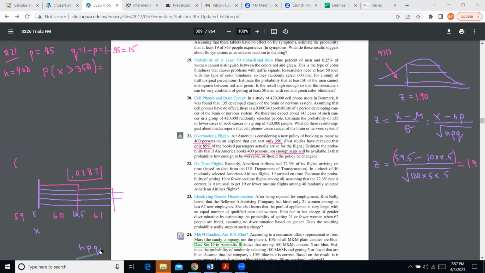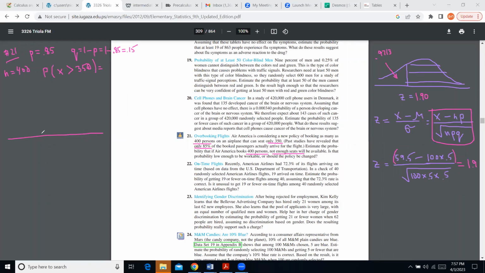So please notice that in this exercise, they don't give us the mean and standard deviation. And that's why we must utilize this formula that we just used to actually produce that mean and standard deviation. And for these cases, we always deal with this so-called continuity correction.